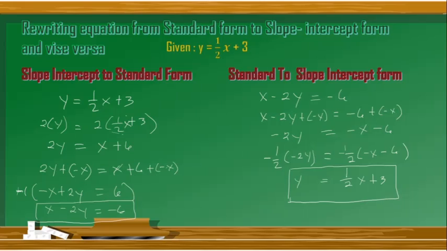Then when you want to convert the equation which is in slope-intercept form, we have to write the given first. Then after that, you apply the multiplication property of equality. Then you simplify. Then you apply the addition property of equality. Then simplify. That's the process of converting slope-intercept form to standard form and vice versa.